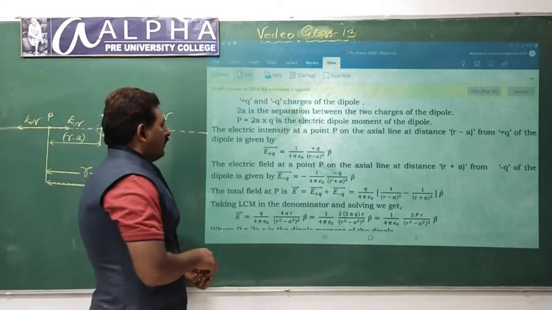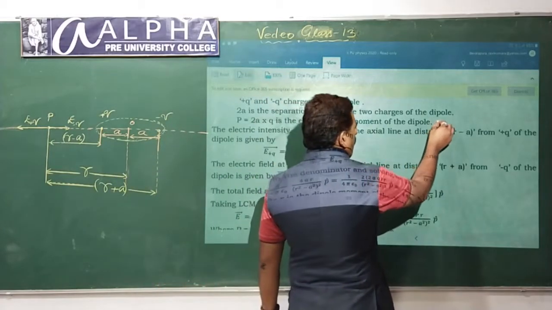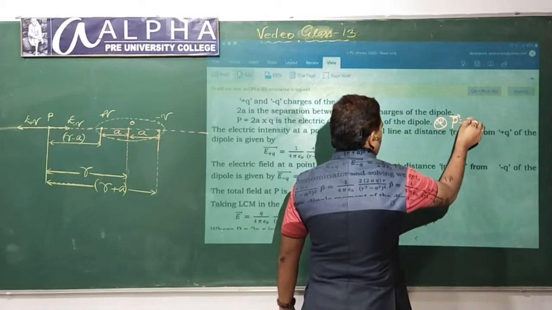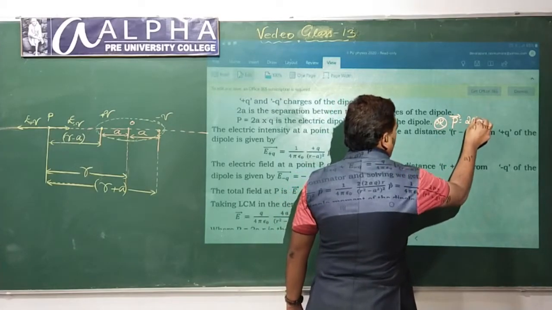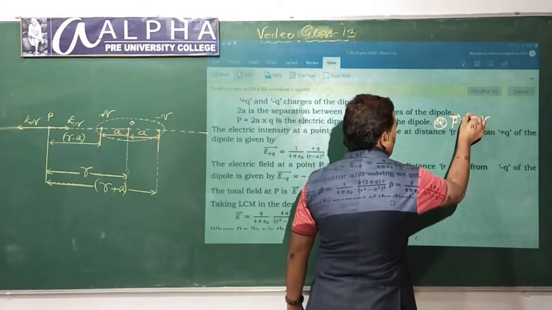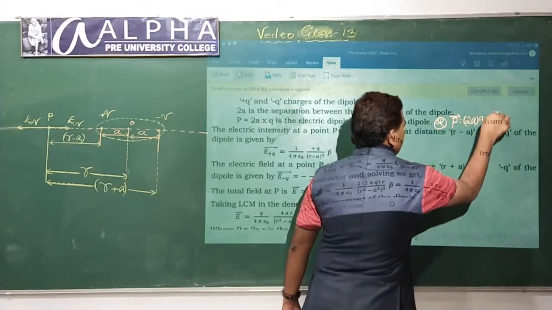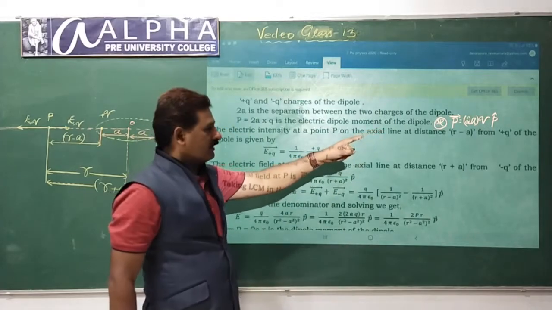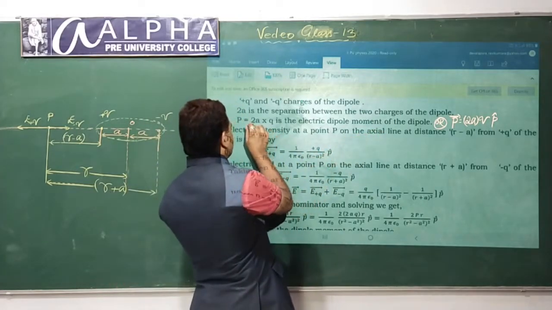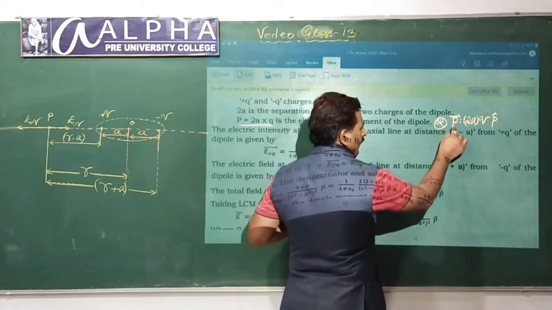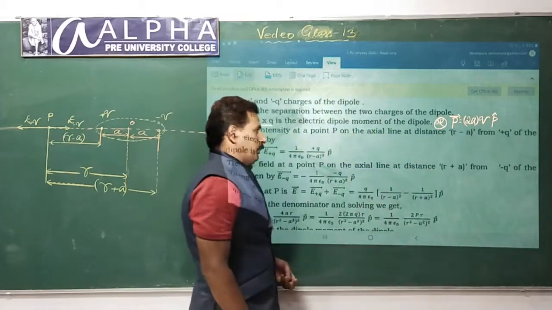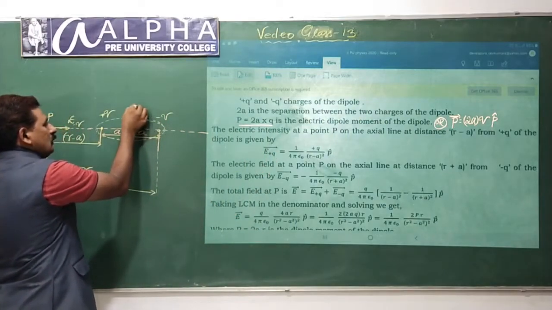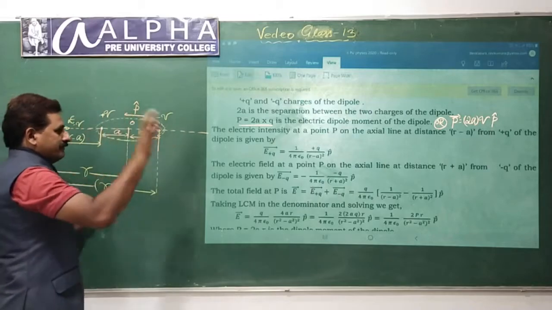If you want, you can write in vector form this way: vector P equals 2A into Q, unit vector P. This is what I have been explaining. You write this way in your notes if you want. It's more precise. This is the magnitude form, this is the vector form, 2AQ into P. What is the direction of P? P is from minus Q to plus Q. You know the direction, right?